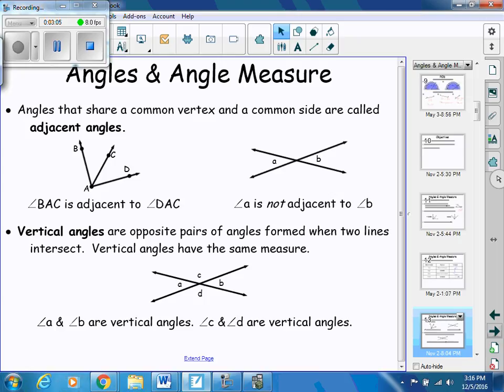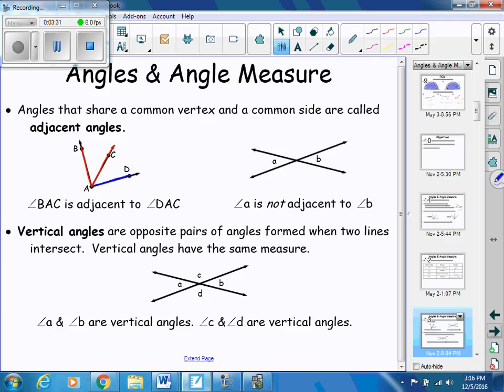Okay, the next slide talks about adjacent angles and vertical angles. Adjacent angles have a common vertex and a common side. If you look at angle BAC, if I trace that angle, it's adjacent to angle DAC.